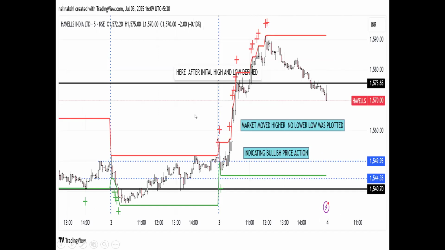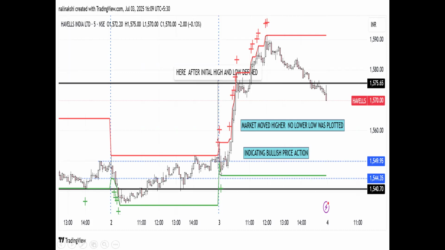In this chart, it is Havells India. Havells India is a very good chart. You should know, here in this chart, the first 5-minute candle defined the high, and the second 5-minute candle defined the low.